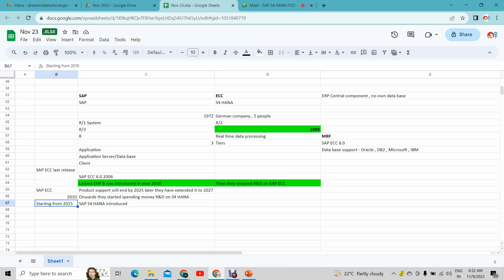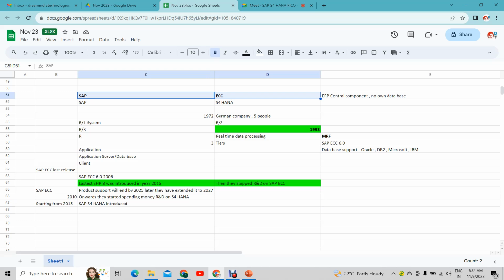By 2015 they were ready with S4 HANA. They introduced S4 HANA in the market. Now tell me, if you have a new product, a new license introduced by you, would you still be able to sell the old product of yours like SAP ECC? Do you want to sell?